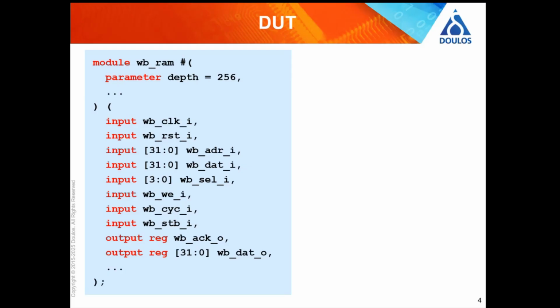So for some of the examples, I'm going to use a piece of IP that I didn't design, an open source IP, which is a memory that sits on a bus called a wishbone bus. And so you'll see that coming up in several examples.